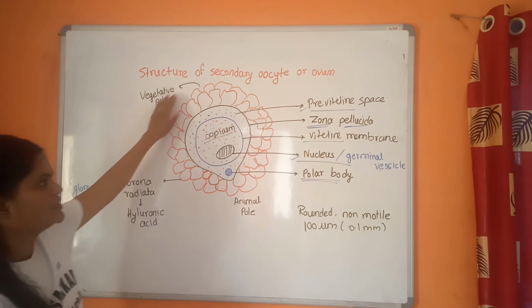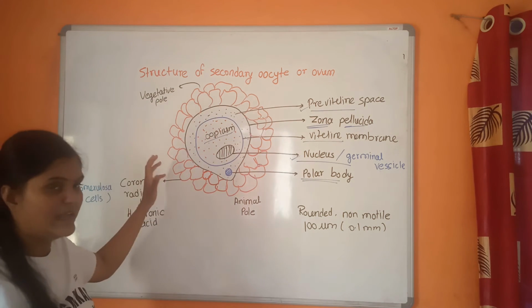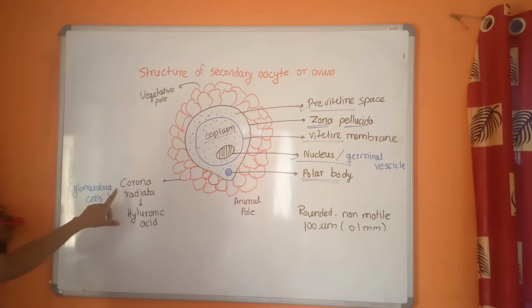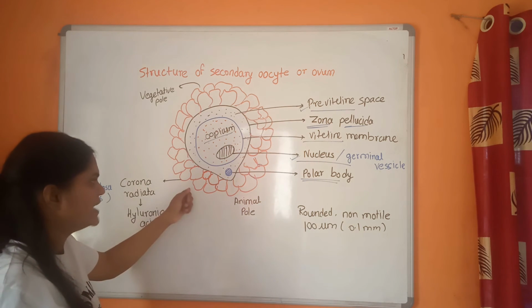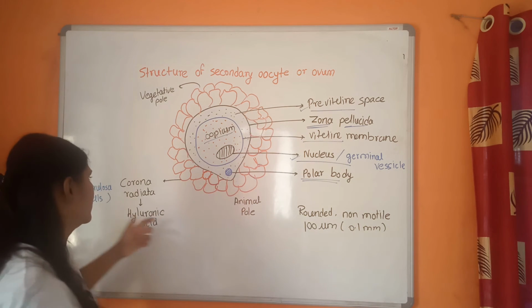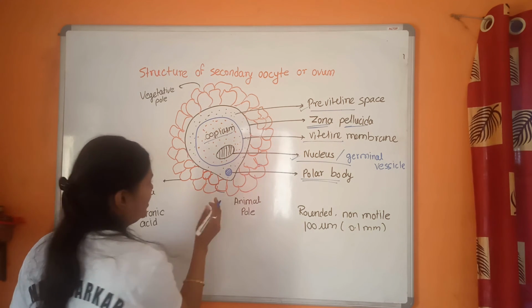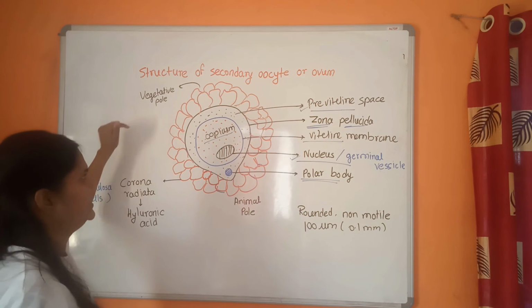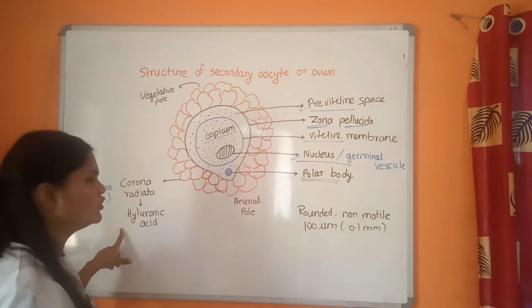Outside of this zona pellucida, there is one more layer, produced from granulosa cells, called the corona radiata, and the corona radiata contains hyaluronic acid. Hyaluronic acid is present between the cells of the corona radiata layer, so they form a strong structure. It is not possible for any molecule, substance or cell to enter because of this hyaluronic acid.